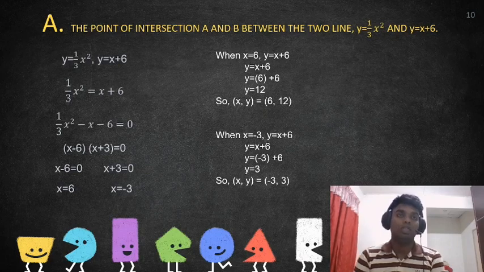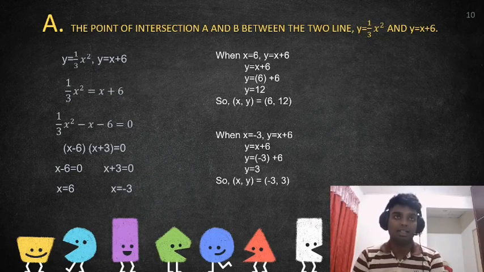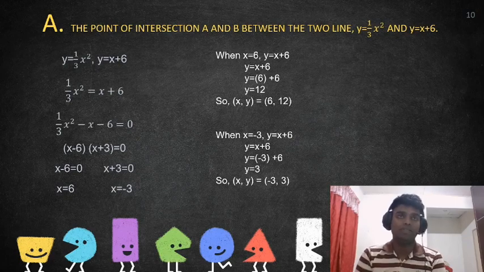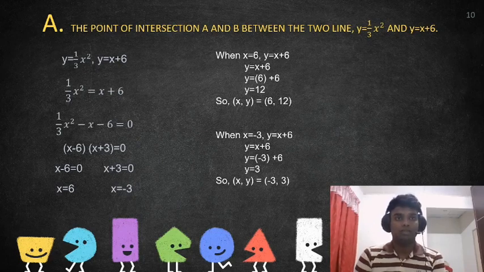So when we do that, we can bring the x value to the left hand side, which will become x, and the 6 will also go to the left hand side, so it will become negative. So when you put the equation in the calculator, which is a quadratic equation, you can get both x values.